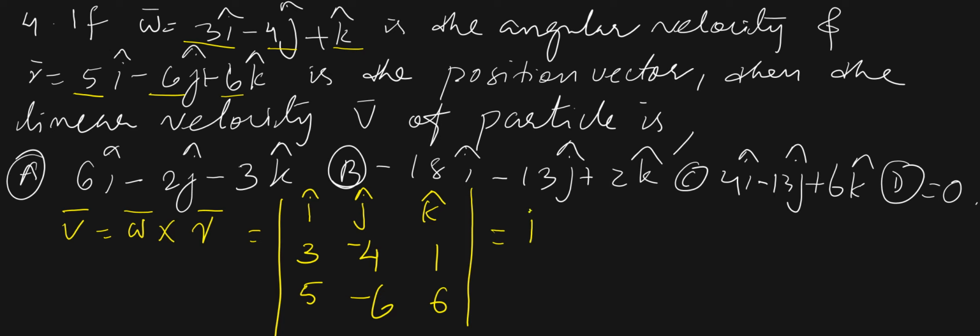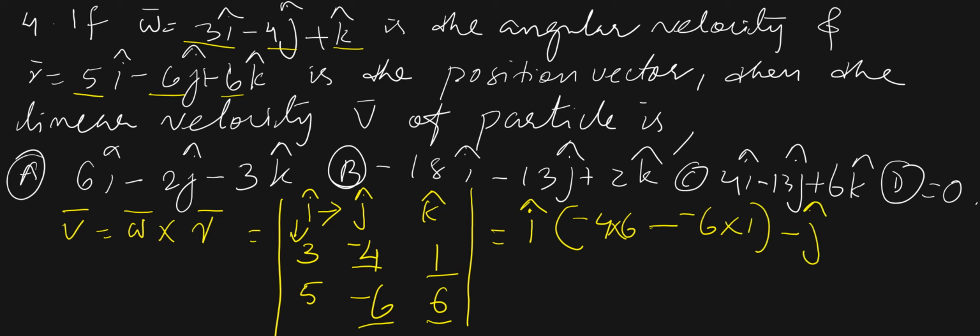For finding the i value, we will write i into, we will eliminate the row and column containing i, and we will cross multiply the other terms. That is minus 4 into 6 minus 6 into 1.